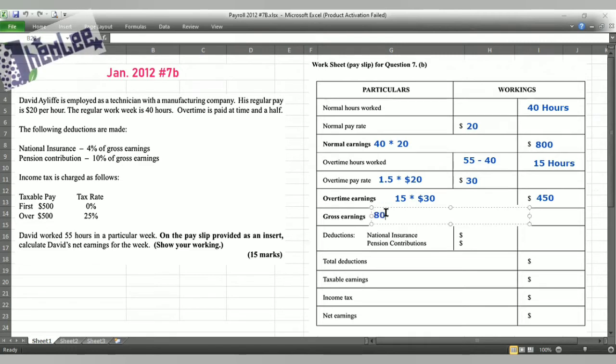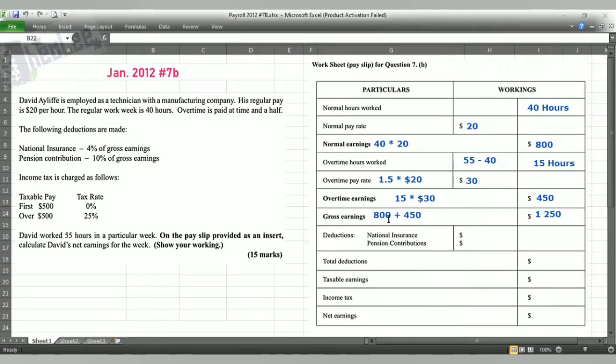So that's 800 plus the 450, and that gives us a value of $1,250. So David's gross earnings or gross wage is $1,250. You would have done the same thing if you were asked to calculate the gross salary, right?